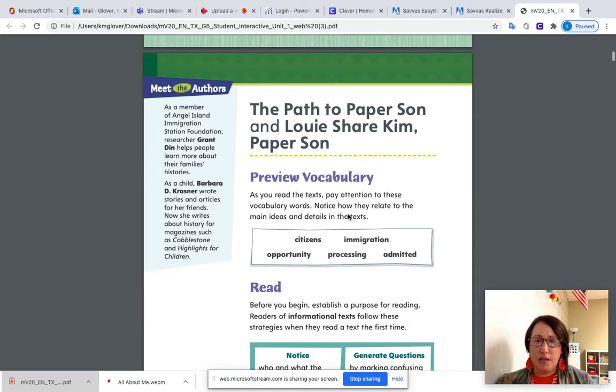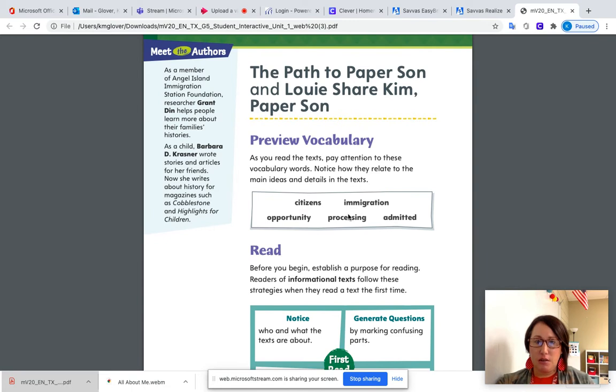Okay, on the next page, on page 18, and I'm just going through your workbook in the same order that you have it. The paired selection that we're going to read is The Path to Paper Sun and Louie Share Kim Paper Sun. So you can see both of those titles have the words paper sun. The first thing that you need to do is preview the vocabulary.